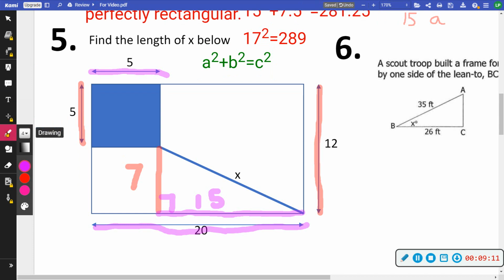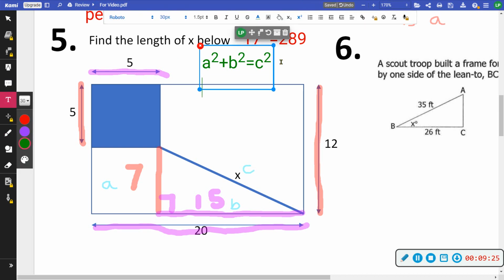When I label the parts of my triangle, I'm going to label this as a, that is b, and the hypotenuse is always c. So a would be 7 squared, b is 15, and we're trying to find the hypotenuse.